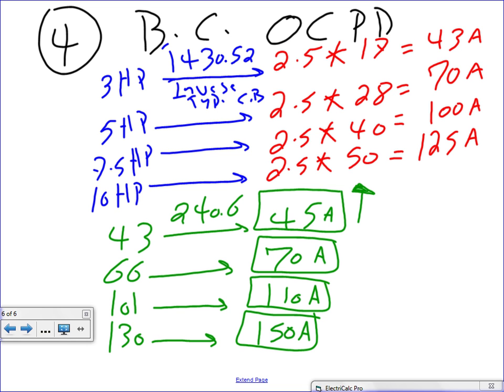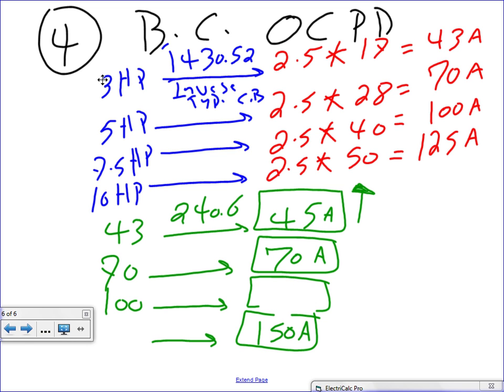If you go to 240.6, we have to change these now. My 43 continues to be the same, 70 continues to be 70. This actually becomes 100 now, because we are at 100 amp.